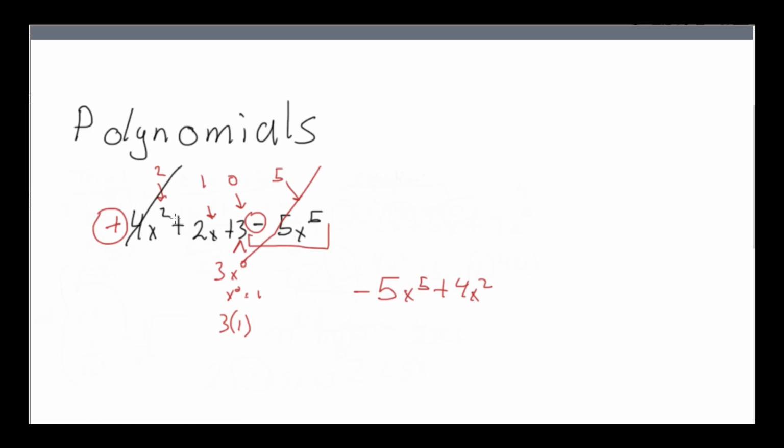And then we have next 2x to the 1st power, and our constant 3. So now that it's in descending order, we can take our first term and identify what its power is by looking at its exponent. And we are going to say that this is a fifth degree polynomial.